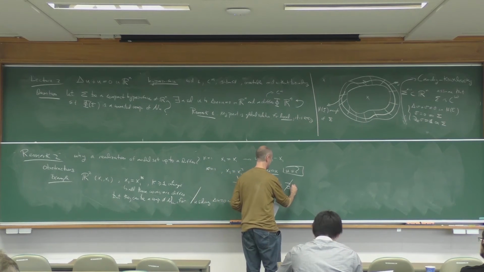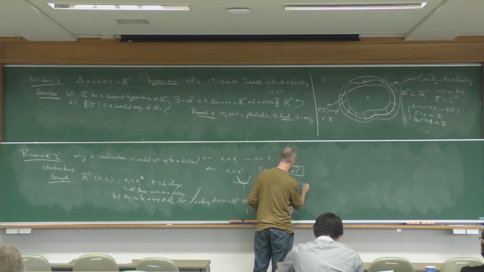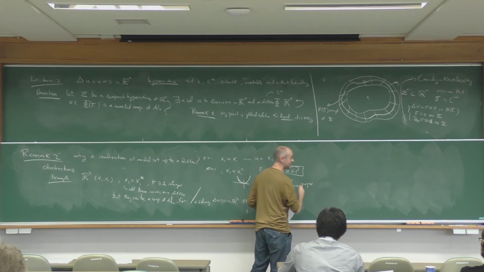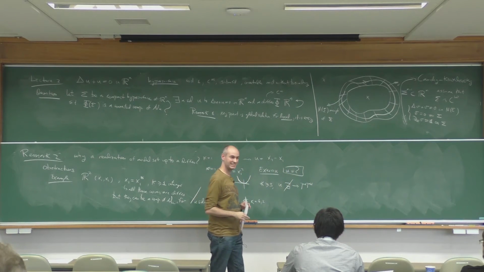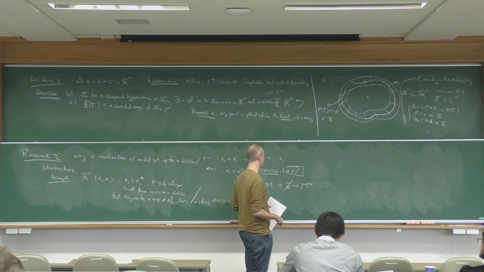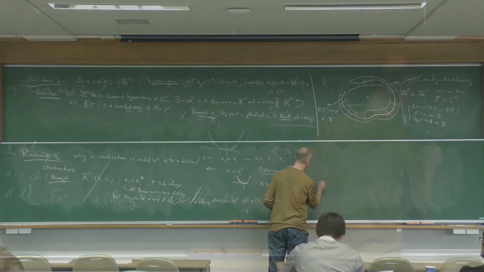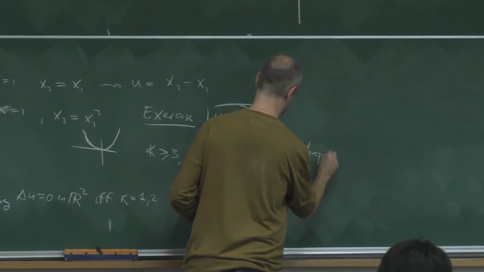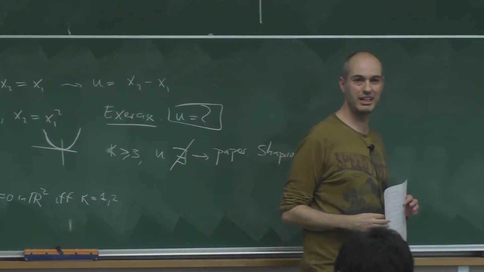This is a paper, and I don't remember the reference, but if you're interested, it's a paper from the 60s, classical results in harmonic function theory, by several people, Shapiro. I don't know exactly.